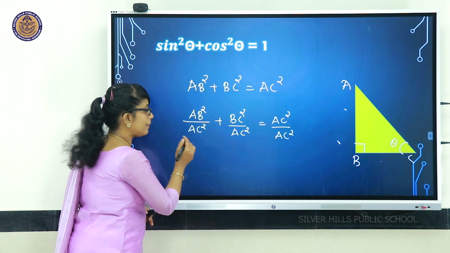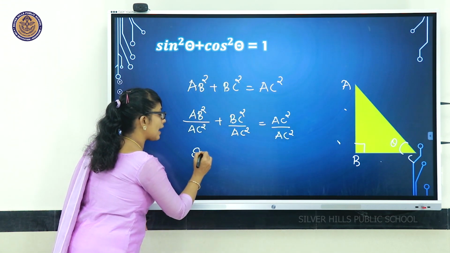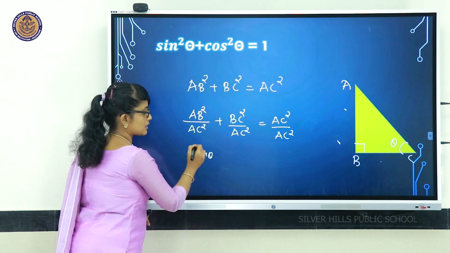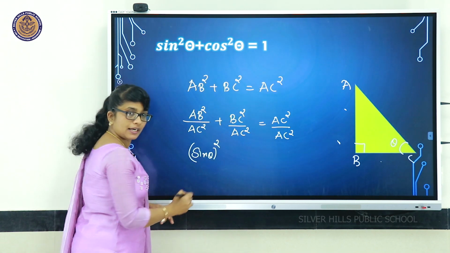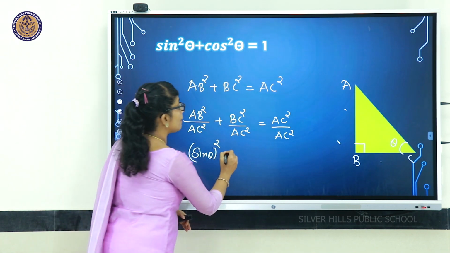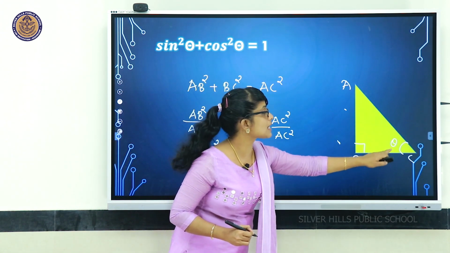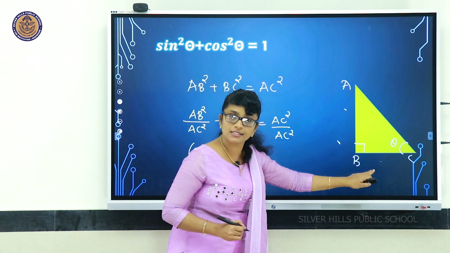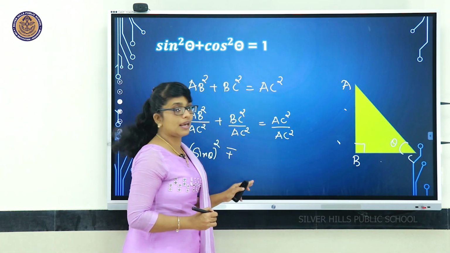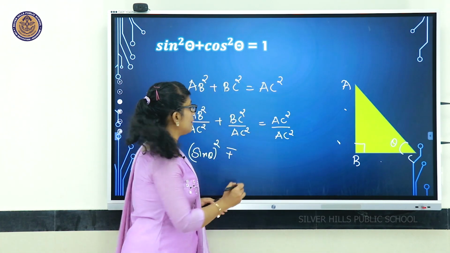AB by AC we can write as sin theta, so sin theta whole square, plus the adjacent side to theta, that is BC, BC by AC, AC is hypotenuse.